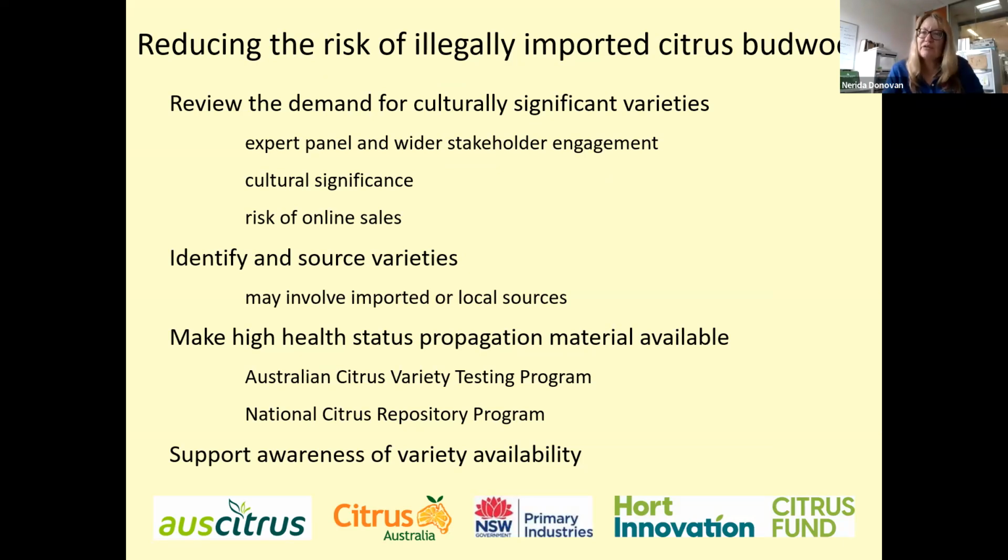And that's trying to reduce the smuggling risk to make sure that we have varieties that may not be a massive commercial option, but they have cultural significance, so there is some demand for them, making sure we have a clean source, a disease-free source of those for people to use in their garden. Now, this is to try to reduce the temptation to smuggle those varieties into the country.